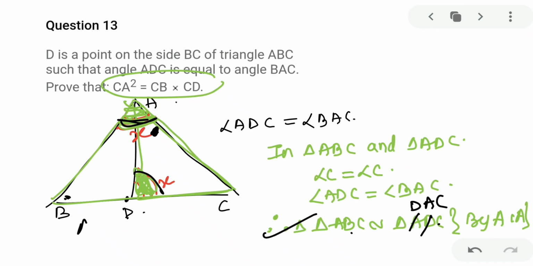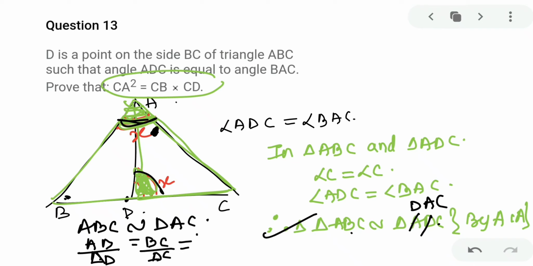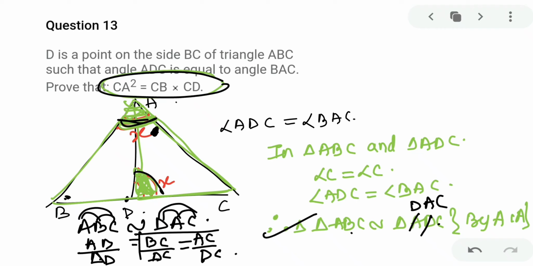Then once you have the triangles similar, you can make the sides proportionate. How do you make the sides proportionate? AB upon AD is equal to BC upon AC is equal to AC upon DC. Look at the sides. AB upon AD, BC upon AC, AC upon DC. Now see, your requirement says you have this, so you can take these two and make this invisible.